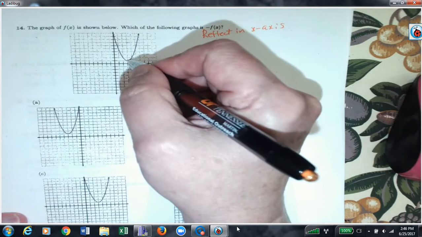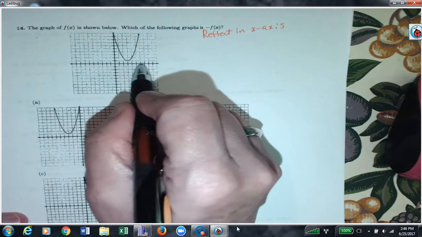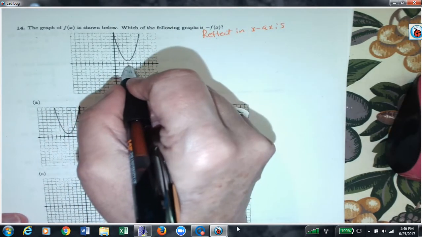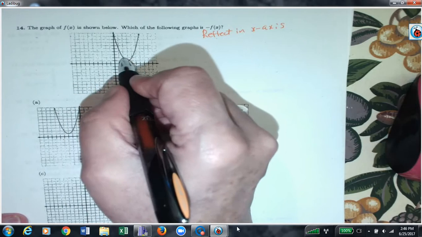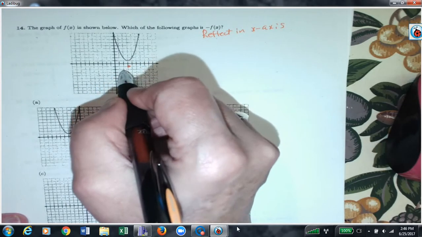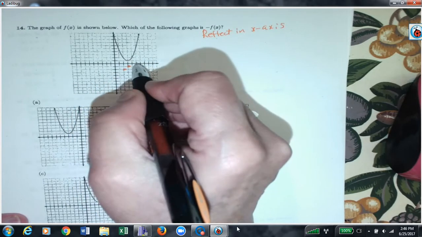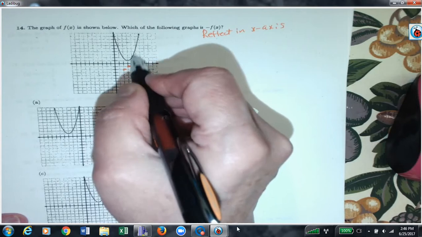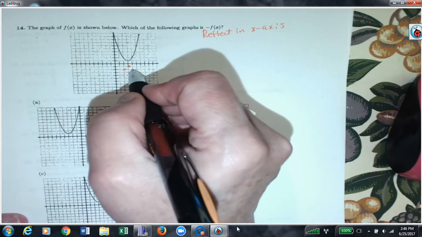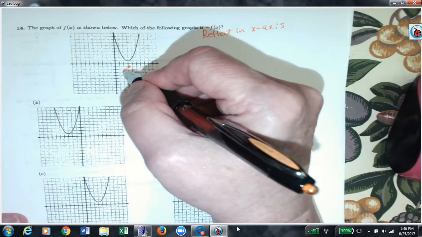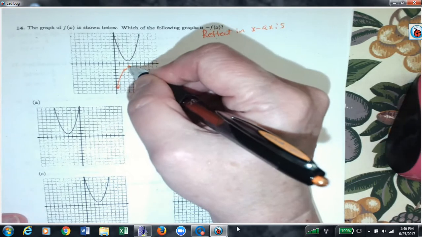So if this point is looking in the mirror and the x-axis is the mirror, its reflection will be here. If this point's looking in the mirror, its reflection is going to be down here. The same kind. So it looks like I'm going to have something like this.